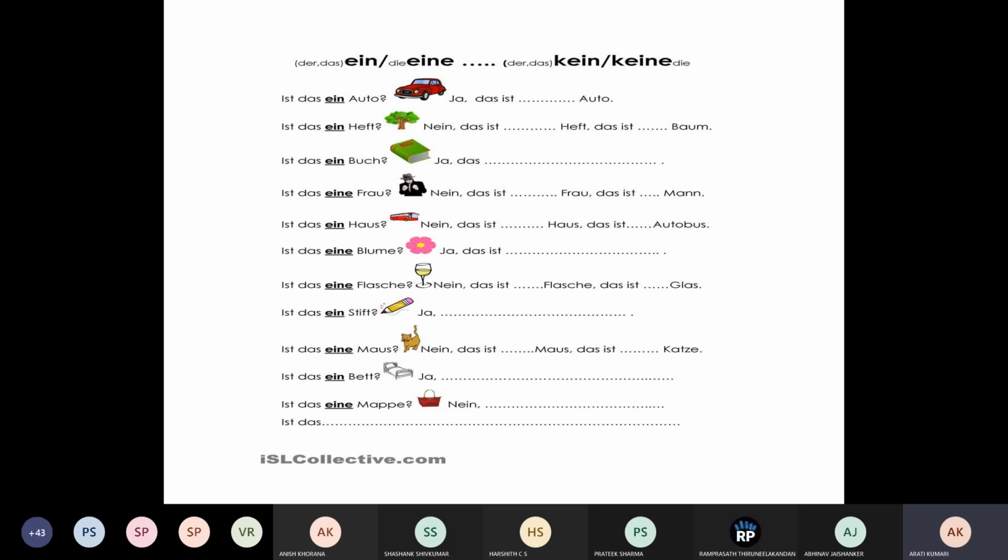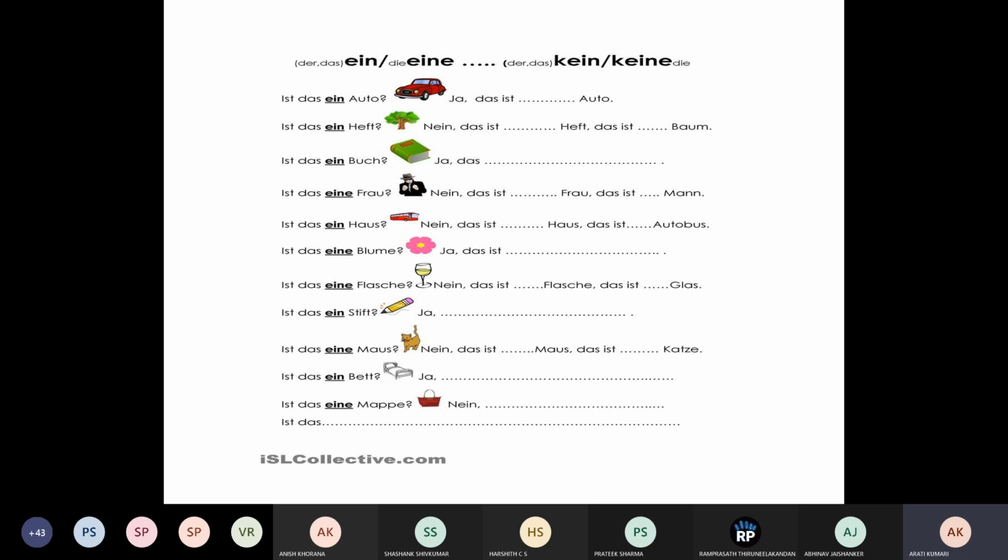Fahr plus die Karte, die Fahrkarte. Fahr is not a noun, that's why no article with that. Then you have Karte plus... you can note down these things.